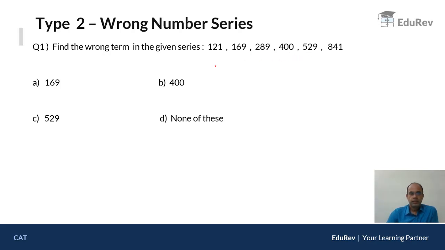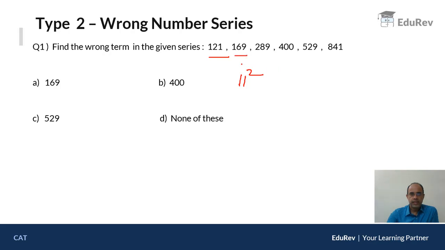Now, guys, the moment you get a number series question, the first thing you need to check is whether you can recognize these numbers. The moment I see 121, what strikes you? It's basically 11 square.